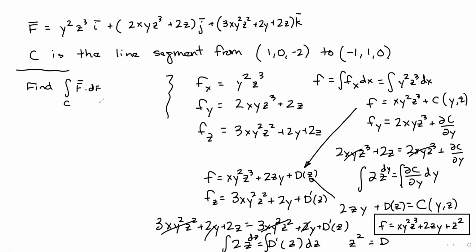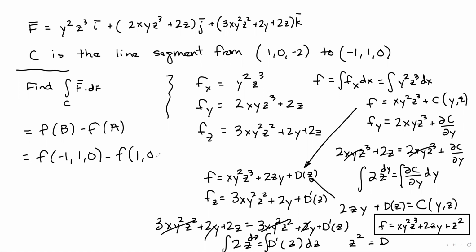Right, so once we have done that, we can go through and evaluate our fundamental theorem of line integrals by just doing f of b minus f of a. All right, and what is b? So it goes from here to here. So that means it's f of -1, 1, 0 minus f of 1, 0, -2. And now we're just going to use our F that we just spent so much time working out.